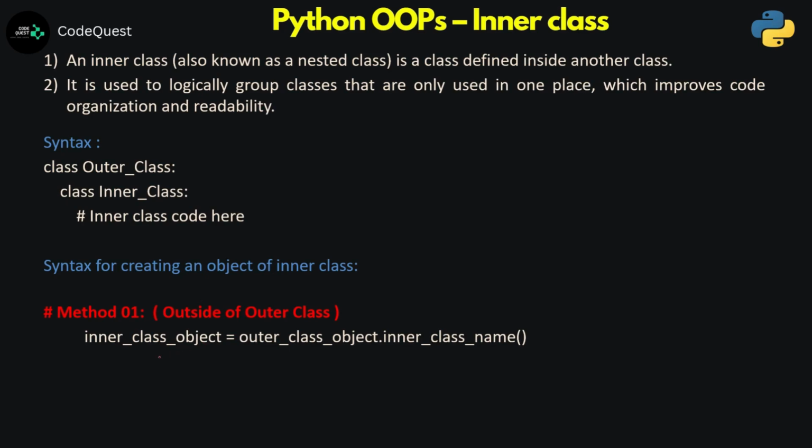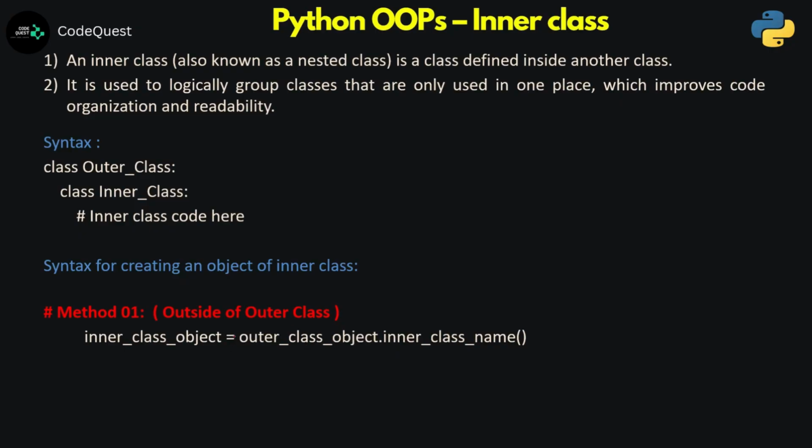Earlier when we created the objects, we simply wrote object equal to class name. Now we are doing the same thing, but the only thing we have added here is this outer class object. So the inner class object is on the left hand side, the inner class name is on the right hand side, but this inner class name must be preceded with the object of the outer class.